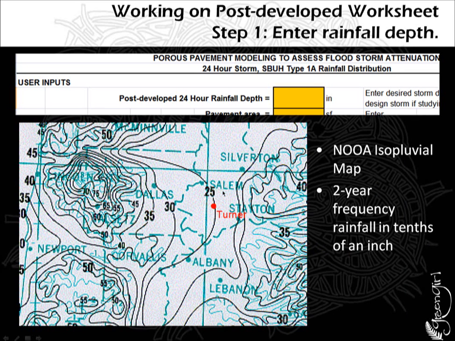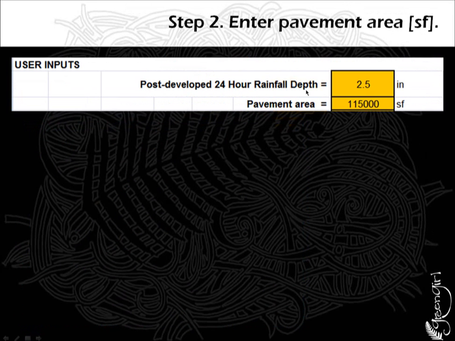So we see a 25 here. This map is in tenths of an inch, so it's 2.5 inches. City of Turner, to protect their streams, needs 2.5 inches. So that's what we enter in our post-developed 24-hour rainfall depth, 2.5 inches.